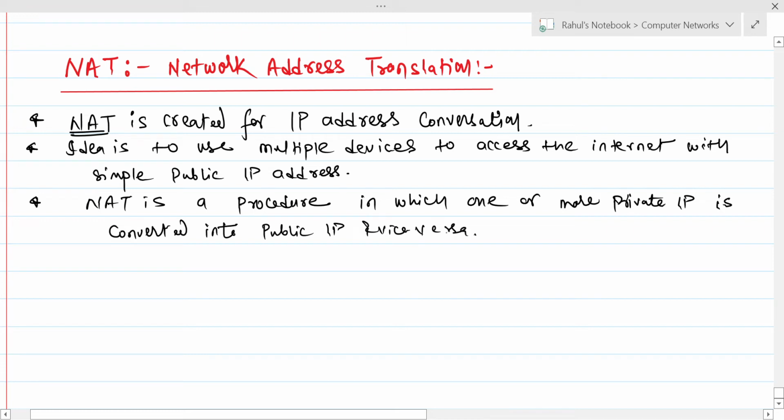It means that private IP addresses can be converted to public, and public to private. This is how we can do it. This is the idea behind network address translation.